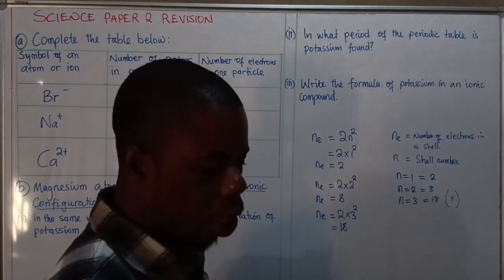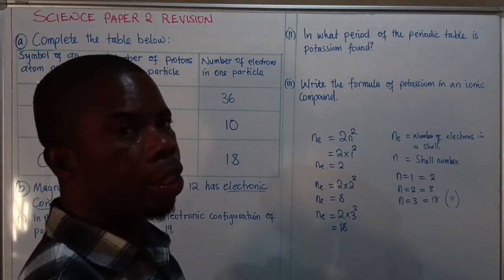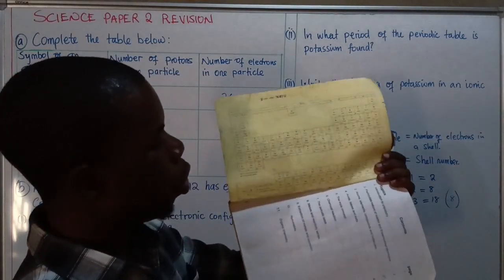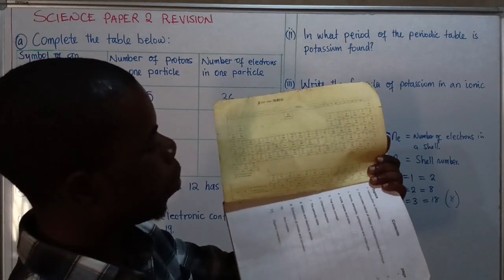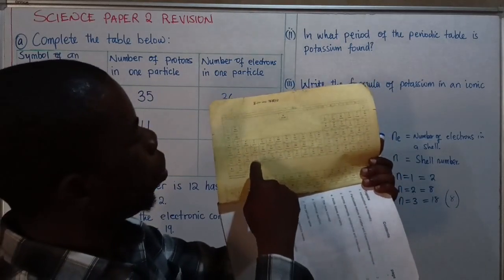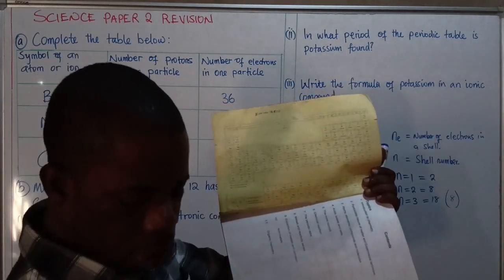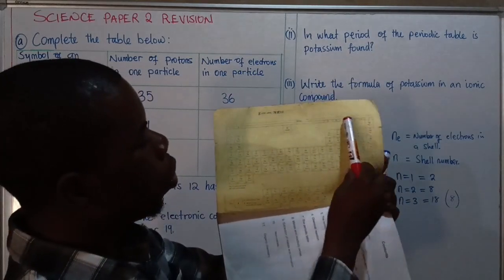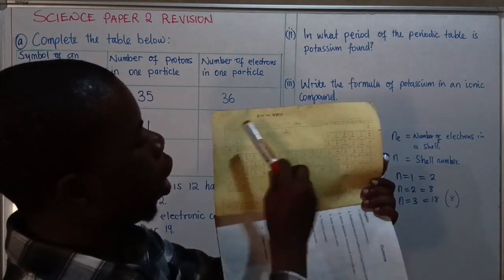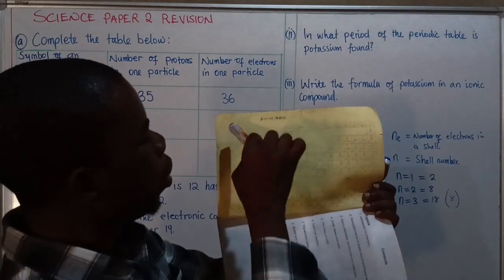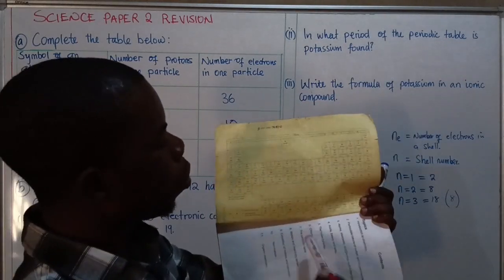On the periodic table, except that these are very small, you can't see this pamphlet I'm using. These horizontal rows are known as periods, and these vertical columns are known as groups.